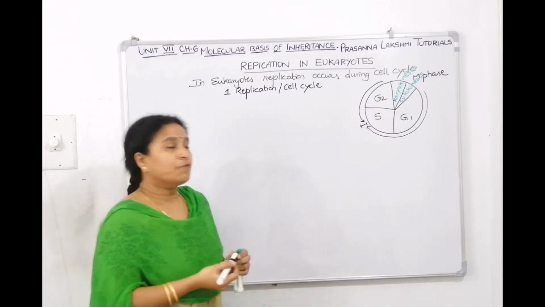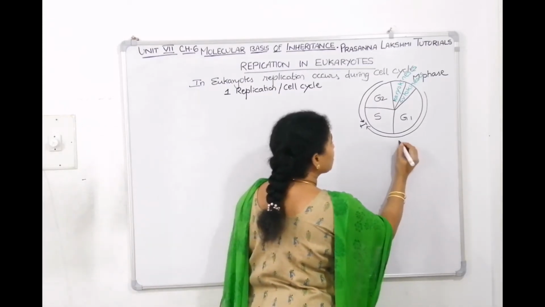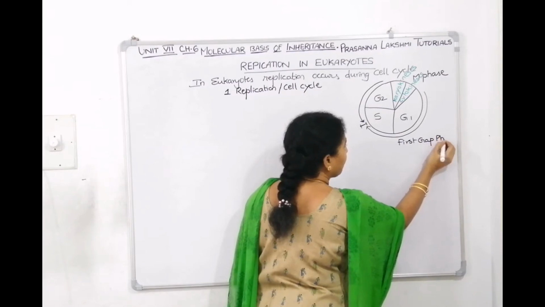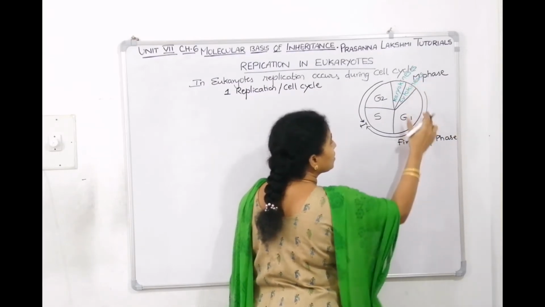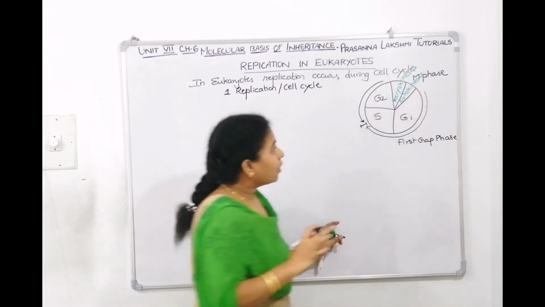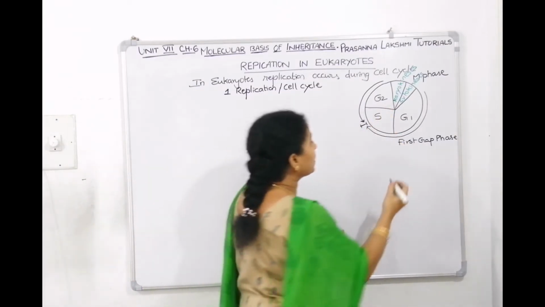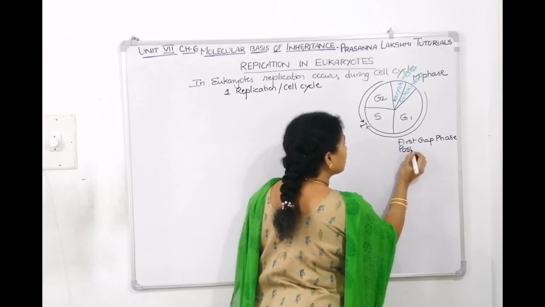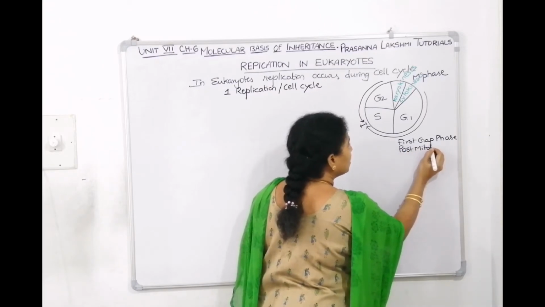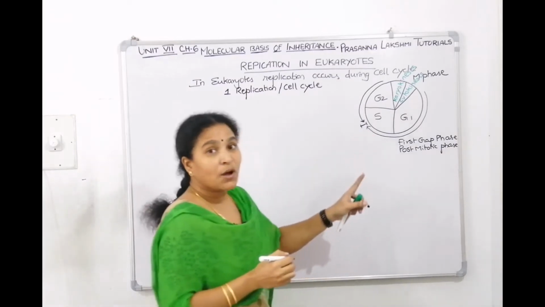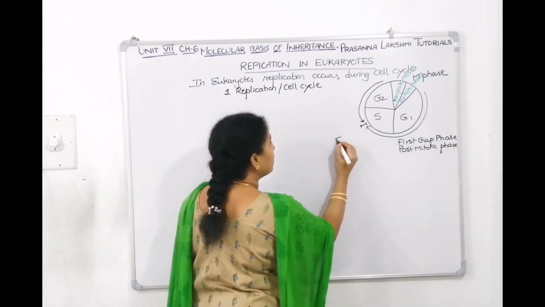G1 phase is called the first gap phase. After mitosis, it takes a gap. Or we can call G1 phase the post-mitotic phase, since it happens after mitosis. Whereas S phase is called the synthetic phase.